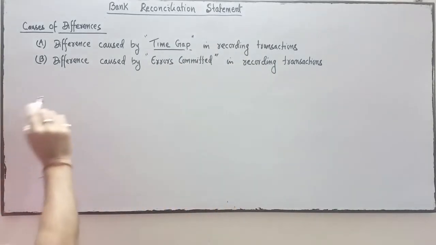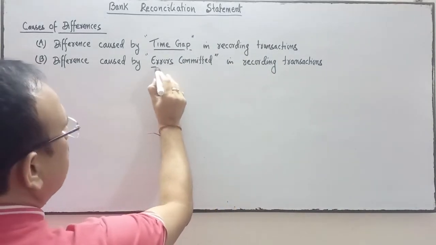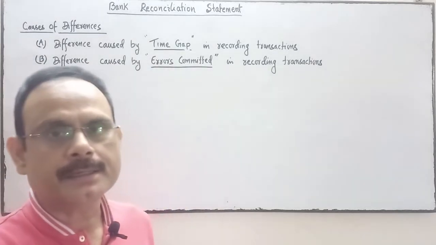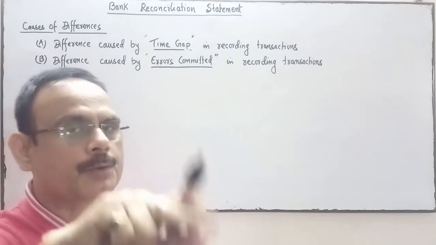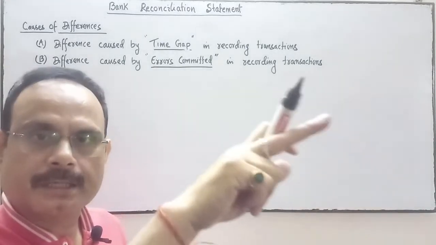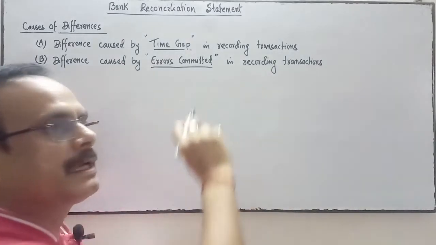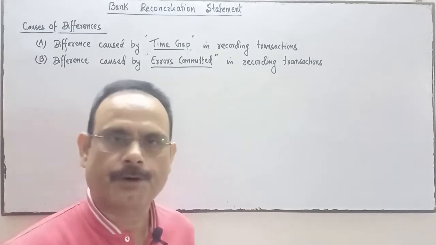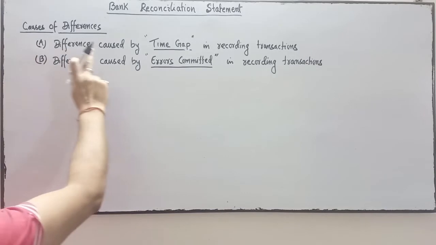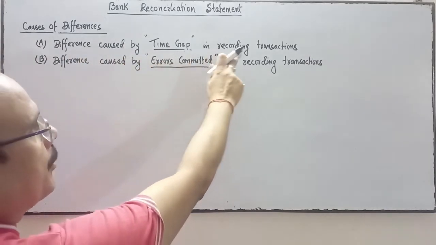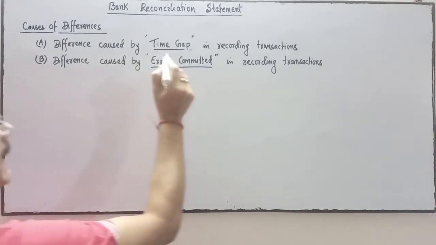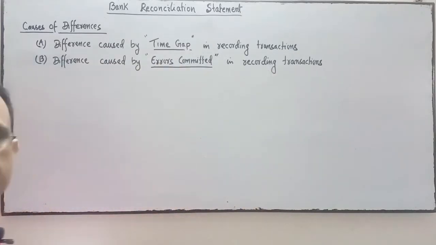Second reason is difference caused by error committed by our accountant in the cash book or the accountant of the bank in the passbook, meaning in the customer's ledger in recording the transactions. So causes of difference: number one, difference caused by time gap in recording the transaction, and second is difference caused by errors committed in recording the transaction.